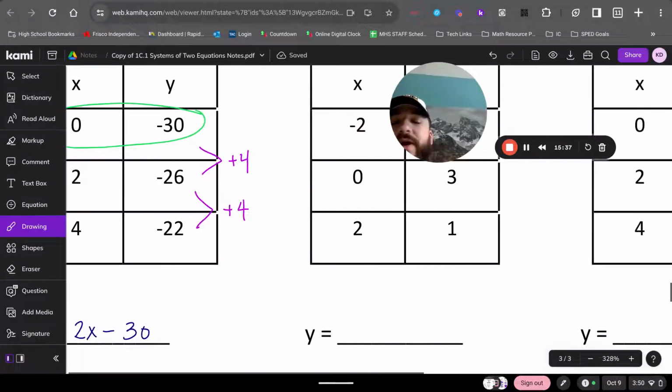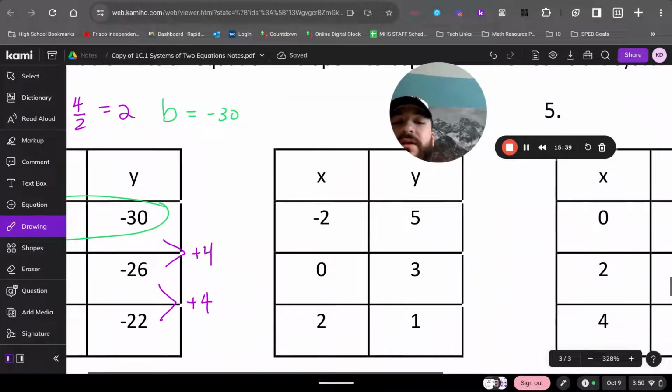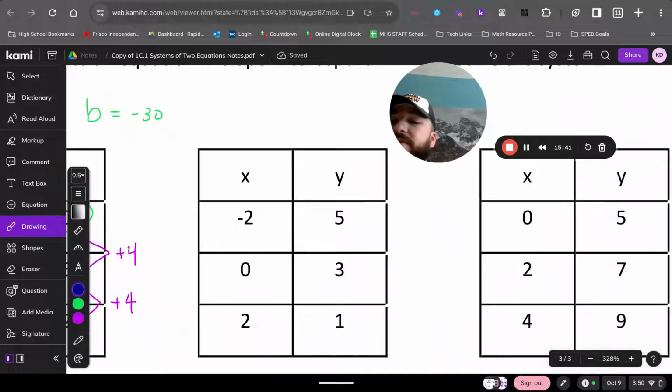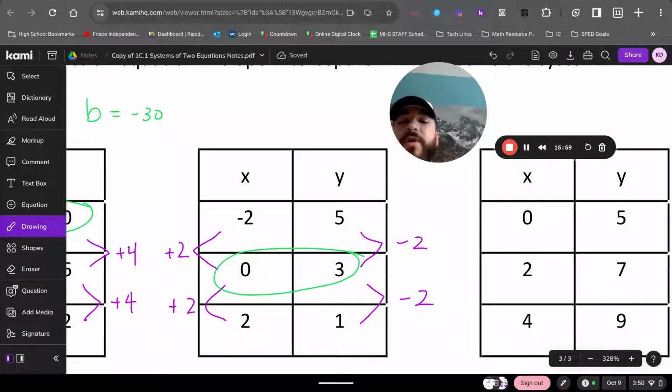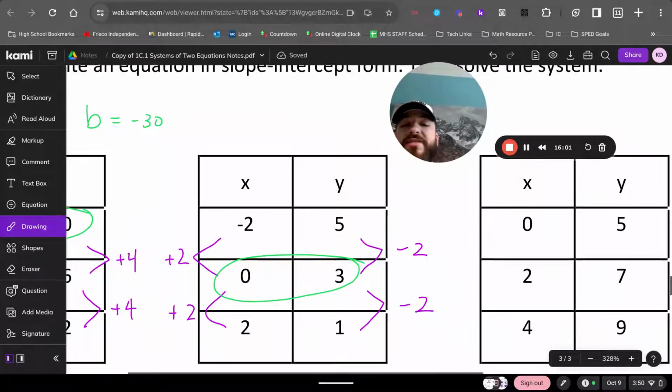All right, and then likewise over here on my second equation, for my x values, from negative 2 to 0, we are adding by 2. From 0 to 2, we are adding by 2. In my y direction, from 5 to 3, we are subtracting by 2. And from 3 to 1, we are subtracting by 2. And just to check again, when x is equal to 0, that is our y-intercept.